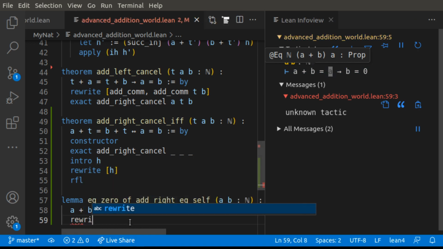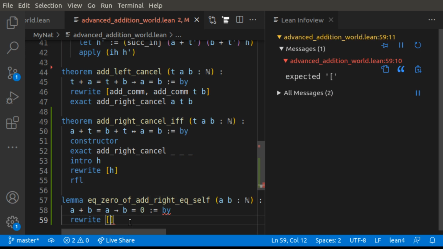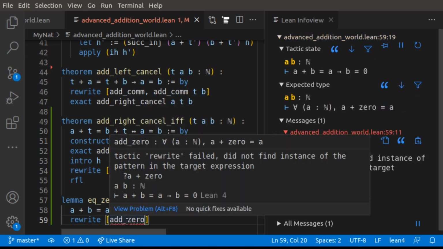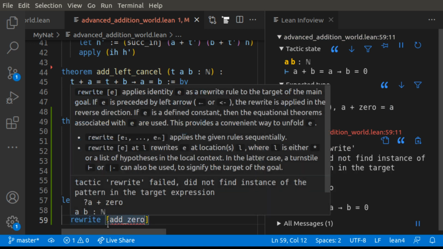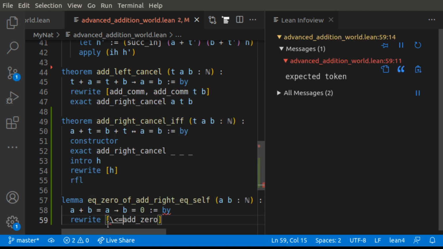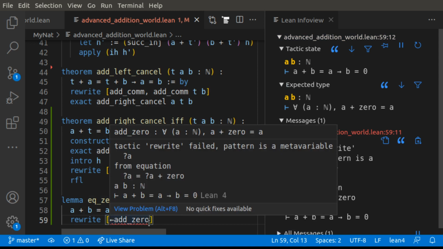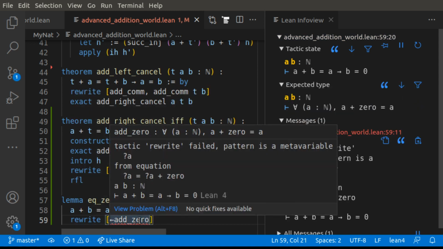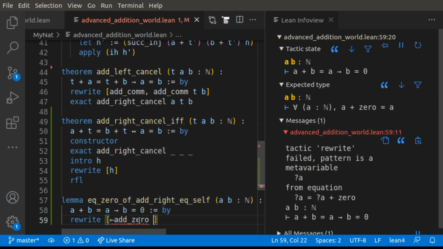So rewrite add_zero, but in reverse, at a.